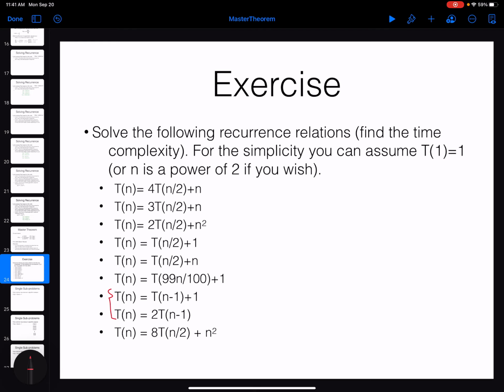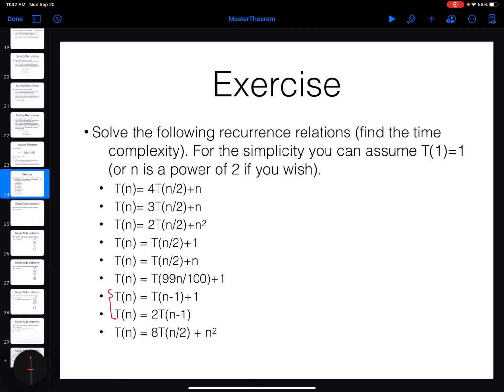Still, the substitution method or the recursion tree are the most general approaches to solve any recurrence relation. So I'm going to finish this lecture by solving a couple more problems, some of which can be solved using the master theorem, some of them not.